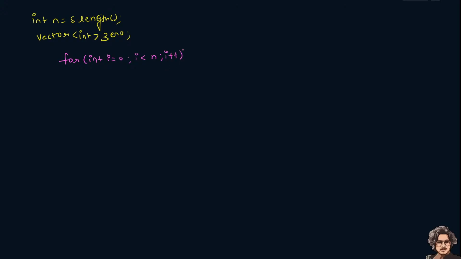In it we check if s of i is equal to 0. In that case, we push that index into the zeros vector: zeros.push_back(i).